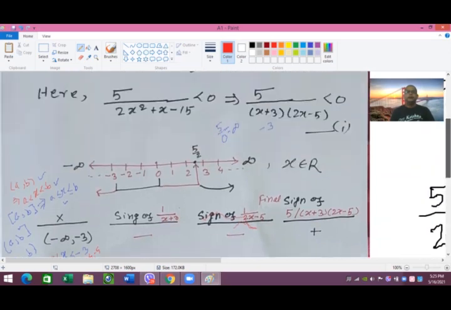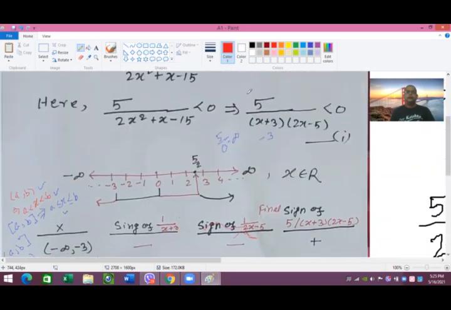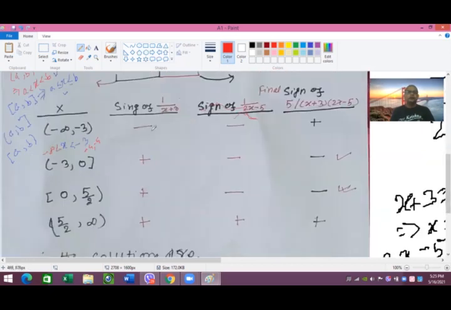You need to find the sign for this combined function, the main function. In order to do so, we multiply these two signs. You can see that this is a negative sign and this is also a negative sign, and the main term is formed by multiplying these two. So minus times minus will be plus. So the sign for the final, main function will be plus.